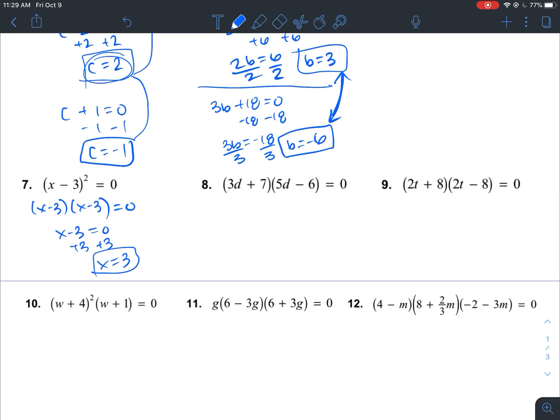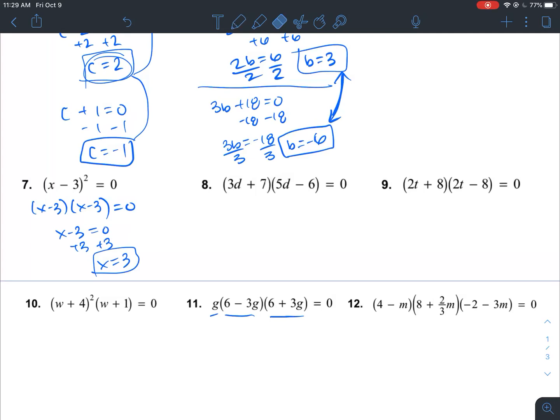Note that here in 10 through 11 you actually have 3 factors. This is a polynomial with 3 factors, or 3 binomials, instead of 2. But we don't treat it any differently, okay? So again, we have g, 6 minus 3g, and 6 plus 3g.